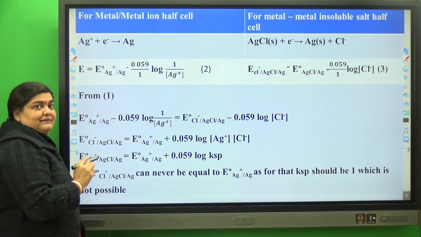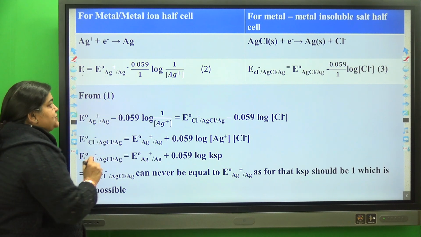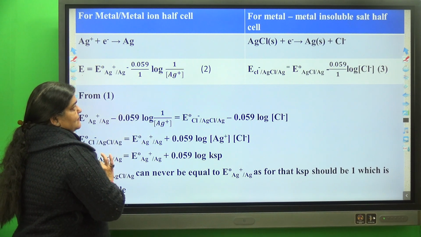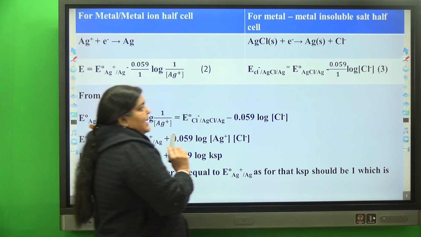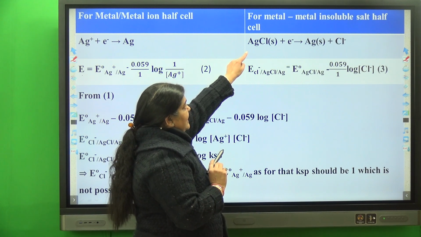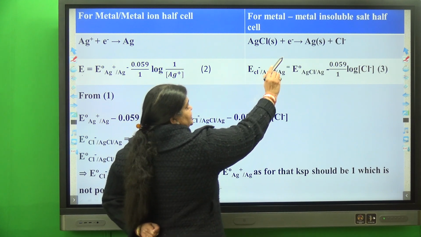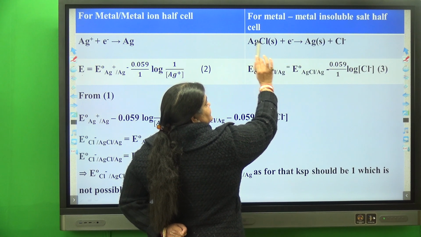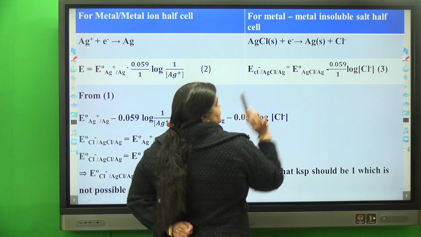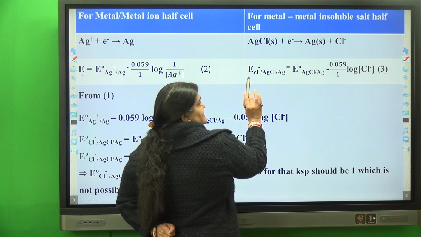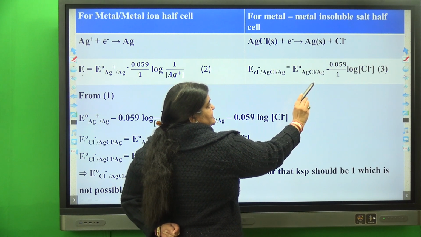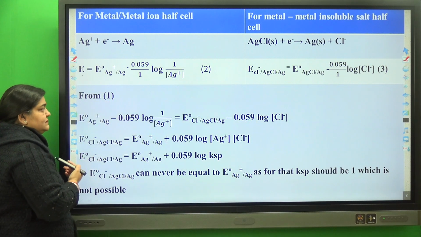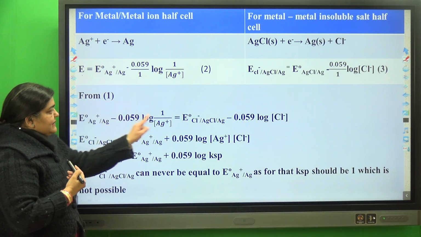Silver is solid, that's why its concentration is taken to be 1. This is aqueous, I have written out here. In the similar way, I have written for the another half cell, its reduction potential. AgCl is accepting electron, Ag positive accepts, gives this. Its electrode potential is represented as these two things are equal. We have equated them equal.